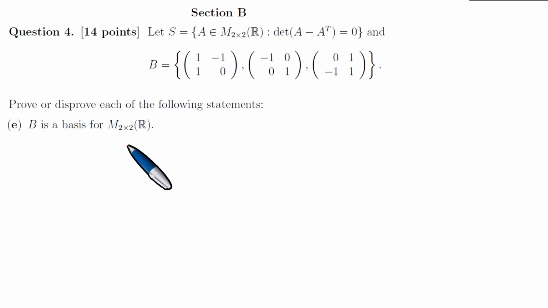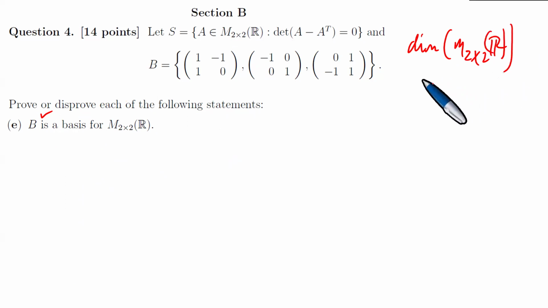Okay, prove or disprove. I was waiting for this question, because I noticed automatically the fact that this one is of dimension 4. The examiner did this on purpose. The fact that the dimension of the 2 by 2 matrices is 4, yet there are 3 elements here, would mean that B is not a basis for M22.